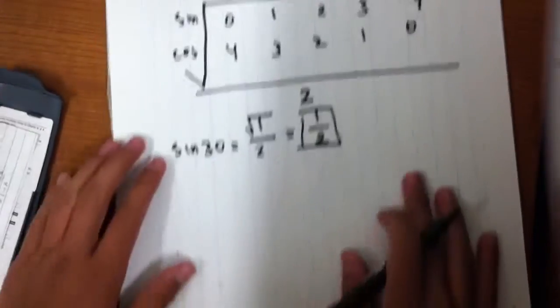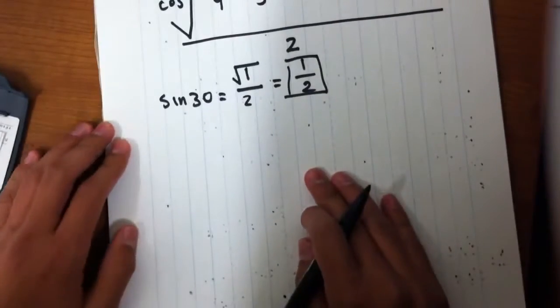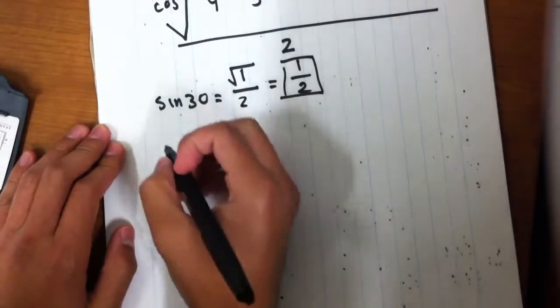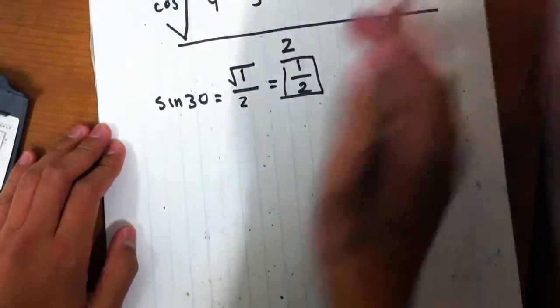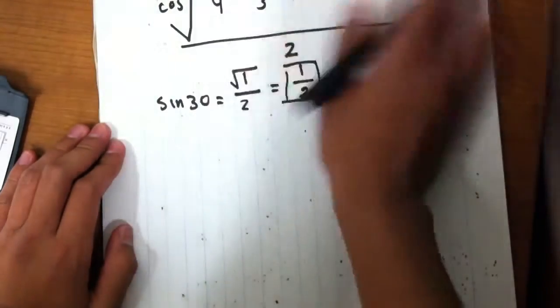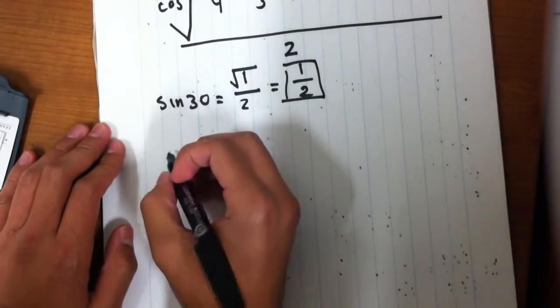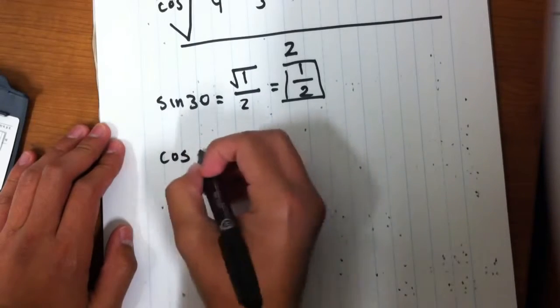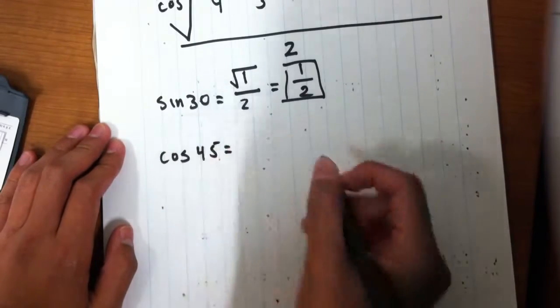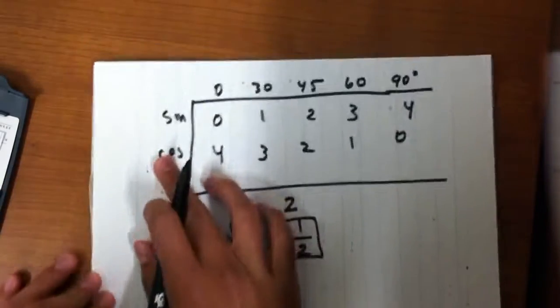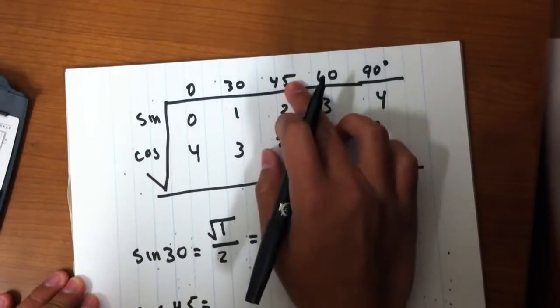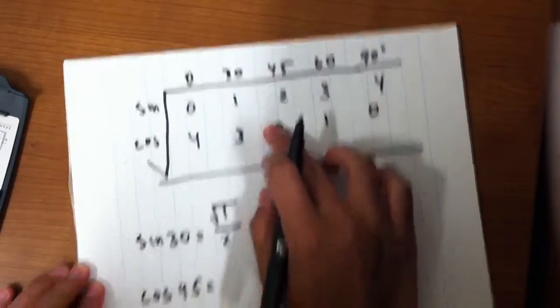Let's try an example with cosine now. Let's say cosine of 45. Any one would work. Cosine of 45 equals, you go to cosine, you go to the 45, 2.